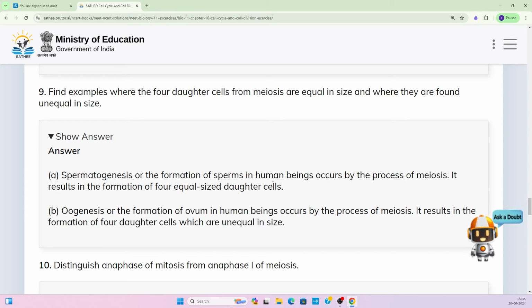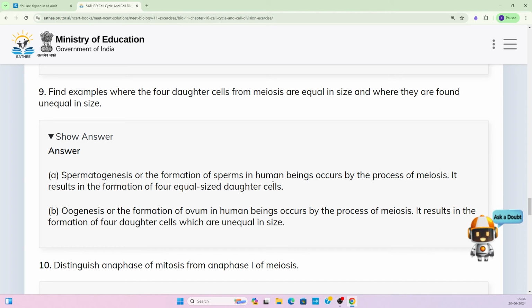It results in the formation of four daughter cells which are unequal in size. The first division forms the egg and the polar body. It's a very small one, the two cells, one of the cells is very, very small, whereas the other one is the larger one. This larger one divides again and forms again one smaller and one larger. So at the end you can see there are three smaller whereas one larger. This one larger is the functional one where the other three are non-functional.